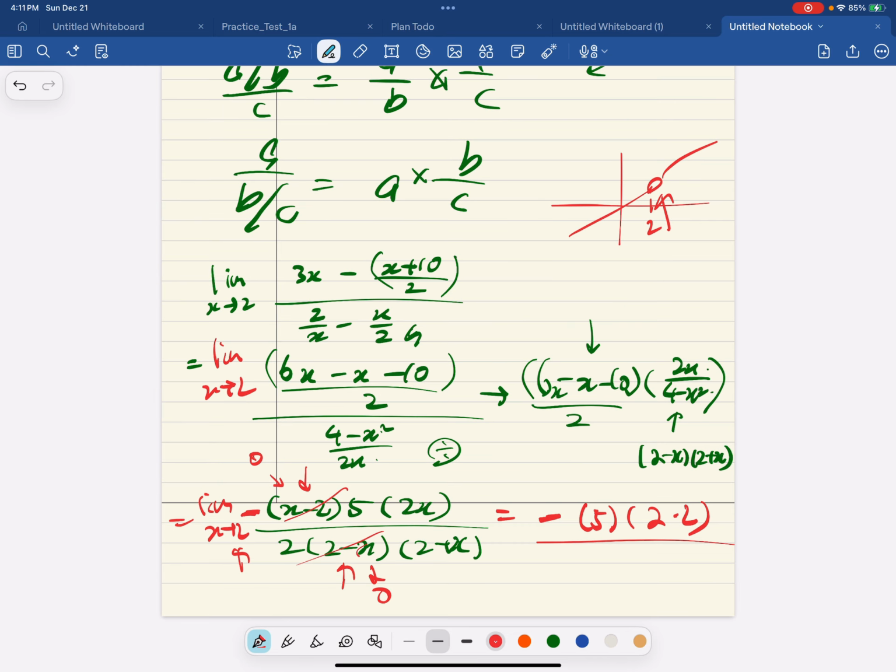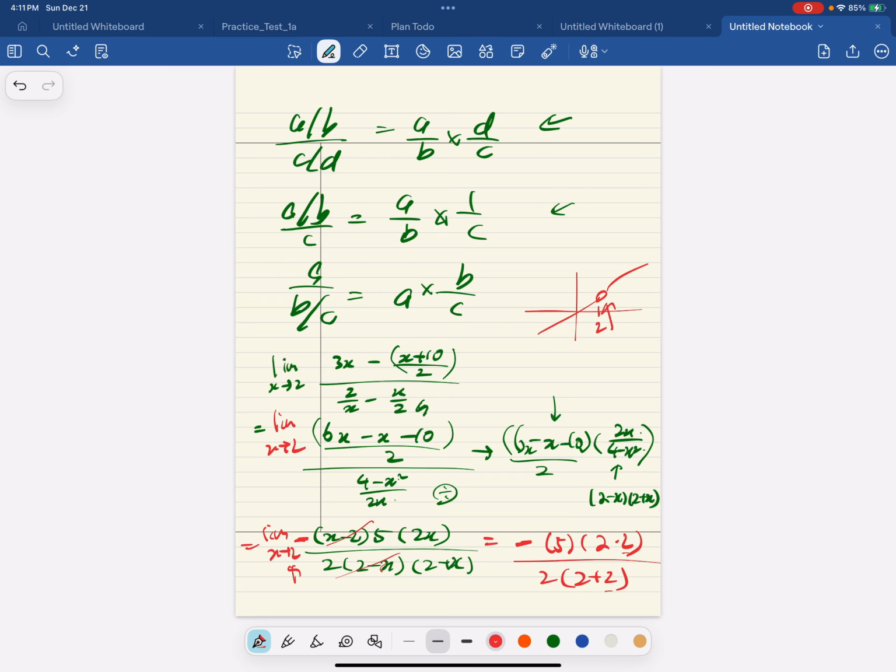Whatever was causing the 0 over 0 will be canceled out, and there's no more 0 over 0, and you'll get a value by factoring it out. Oh, I wrote x plus 2. And that's it. You plug it in, because after you cancel it out, there's no more 0 over 0. You will not see a 0 over 0 after you factor out and cancel things out. And because you want to cancel things out, that's why you need your factoring abilities. So that gives you.